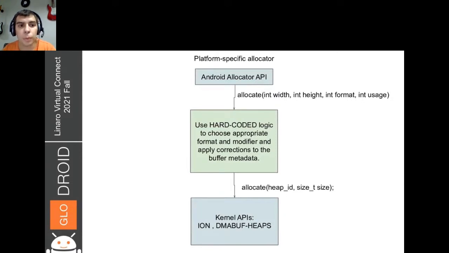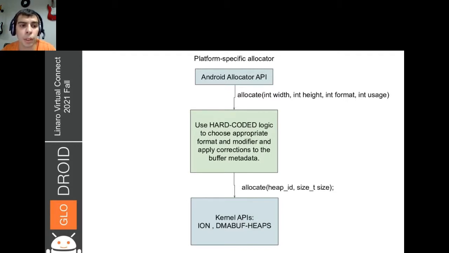Today we will focus on the allocator API, since despite the API being very simple, the implementation is the most challenging in current platform software conditions. The API consists of only one call, allocate, with four required parameters: width, height, format, and usage flags.